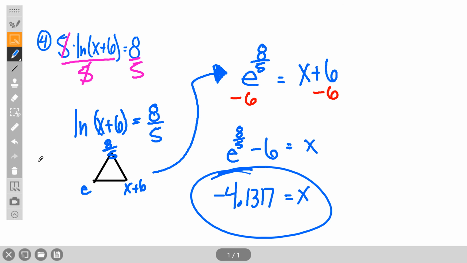And of course we could check this by plugging it in. I'll just check this so we can see how we're supposed to check these. So 5 times the natural log of negative 4.1317 plus 6 equals 8.